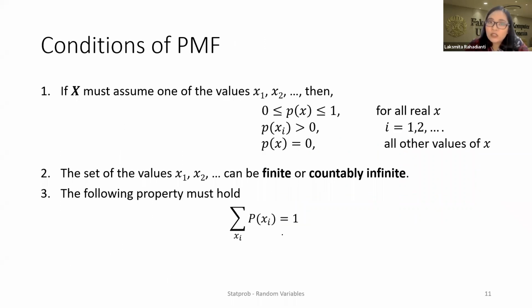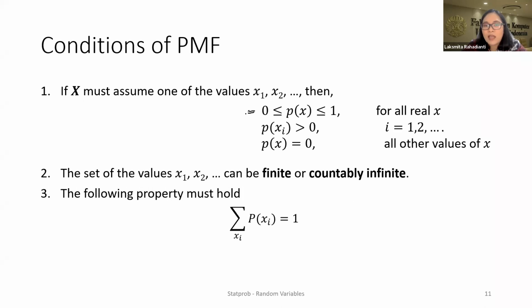There are some conditions of this function. Since it's a function, it does have to follow some rules and has to fulfill some properties. So the first one: if X, the big X, our random variable, must assume one of these values, the small x's, then the probability of each small x, or the PMF of each small x, will be between 0 and 1.